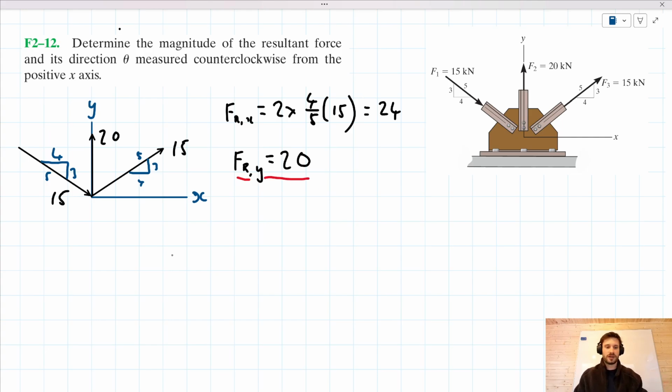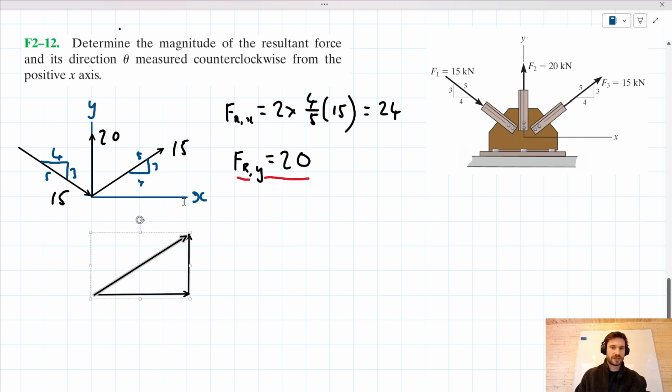Okay, so we have the vertical and horizontal components of our resultant force. Let's diagrammatize that. So it's acting 24 across, and it's acting 20 up.